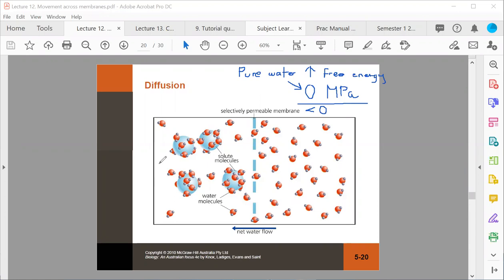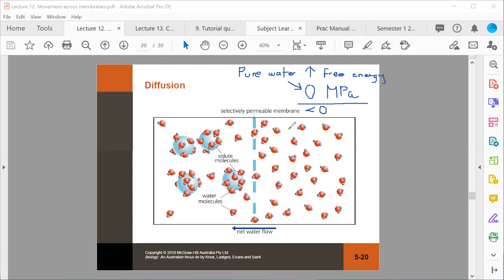Yeah. But the important point here is that because those water molecules are interacting with the solutes, their movement is restricted. That is, this sample here will have lower free energy than water molecules on their own.